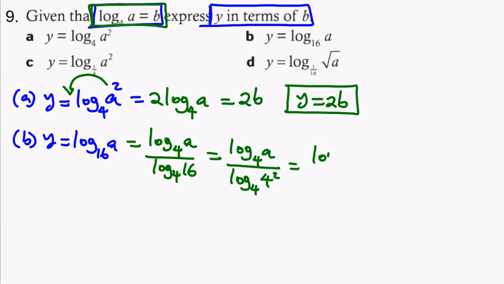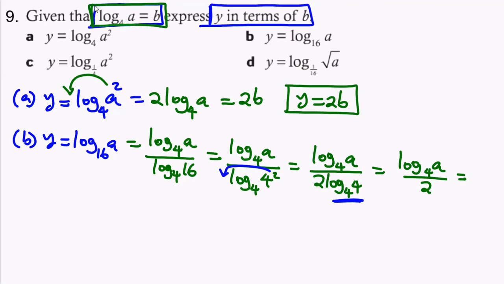So this will be log to base 4 of a over, now I can bring this to the left. So I'll end up with 2 log to base 4 of 4. Fortunately, log to base 4 of 4 is 1. So that's gone. What I will end up with is log to base 4 of a over 2, which is same as b over 2. So my equation will be y is equal to b over 2.